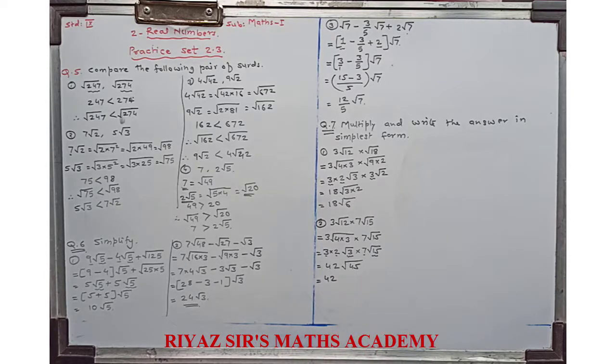Now is it possible to find the factors for 45 so that one factor is a perfect square? Is such a thing possible? See, find factors of 45 such that one factor is a perfect square. So the factors for 45 are 9 into 5, 9 5s are 45, and 9 is a perfect square.